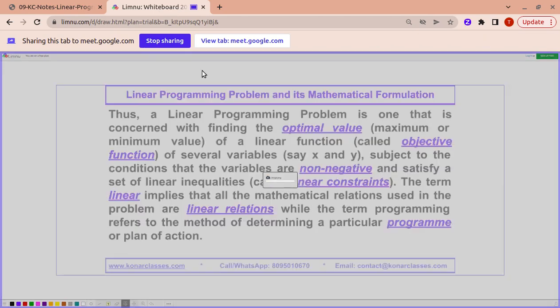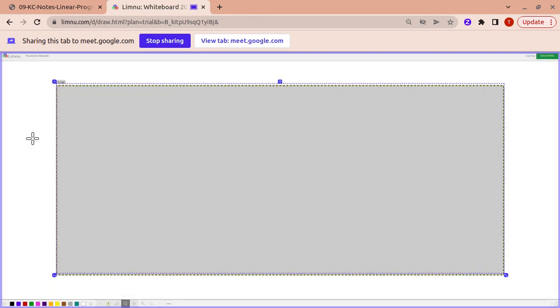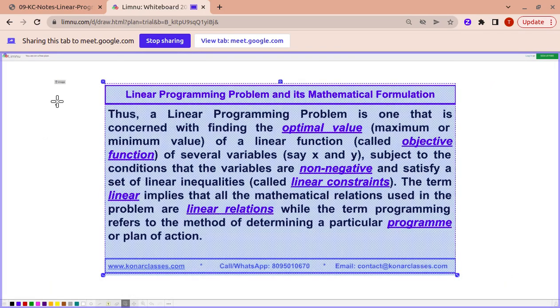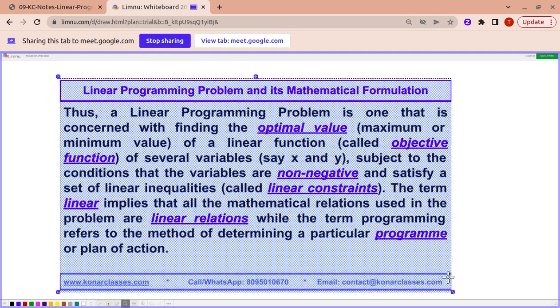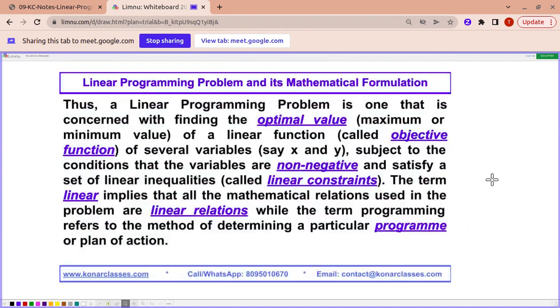Before I go to the solution of the problem, let us discuss some terminologies here. You are already aware of it because I explained it a few minutes back, but let me tell you once more. A linear programming problem is one that is concerned with finding the optimal value. Optimal means it could be either maximum or minimum depending on the problem statement, of a linear function called the objective function z of several variables.